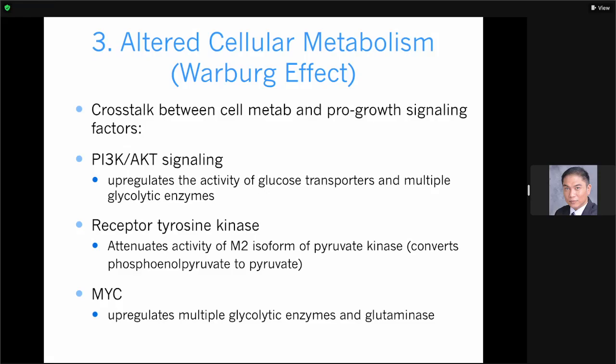This one converts phosphoenolpyruvate to pyruvate. And with MYC, with this mutation in MYC, there is upregulated multiple glycolytic enzymes and glutaminase. Kasi di ba sila nga ay involved sa pro-growth metabolism. Babalikan yung illustration kanina sa RAS.